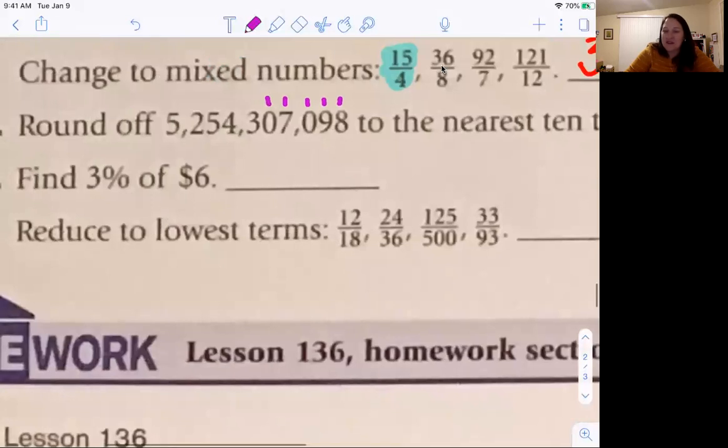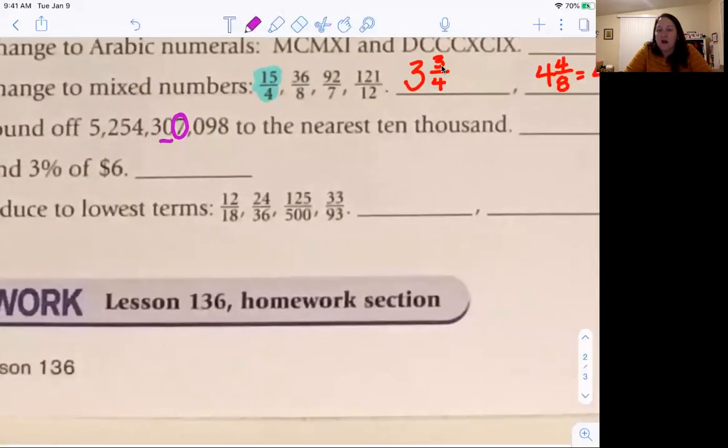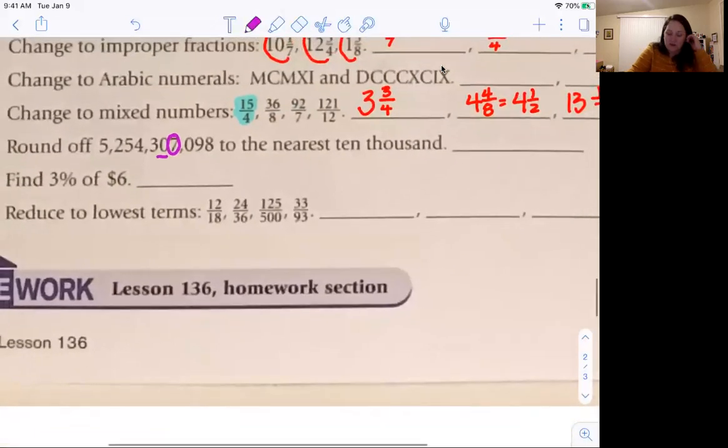That's where we need to go, to the nearest 10,000. Zeros in the 10,000s place. 7 is the number that's going to be the boss and tell us, are you going to round up or stay the same? If it is a 7, he's a big boss, so he's going to make you round up. And everything to the left stays the same.